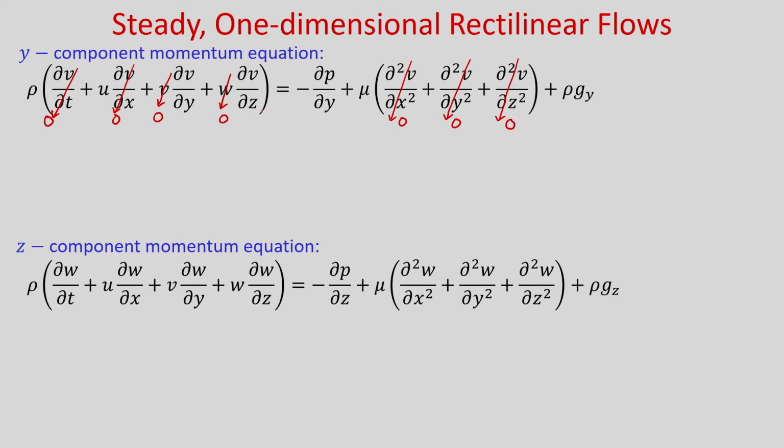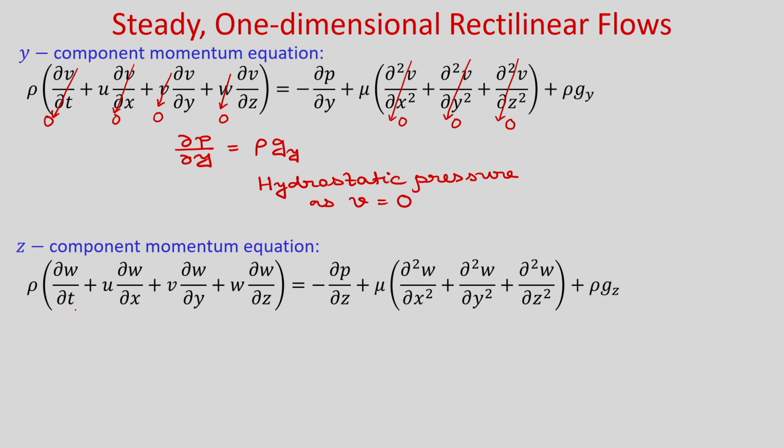So, we will have only del p by del y is equal to rho g y. Obviously, this is nothing but the hydrostatic pressure, as v is 0.